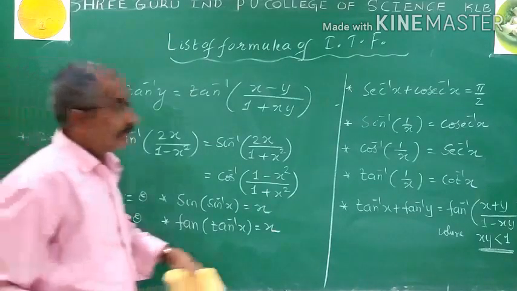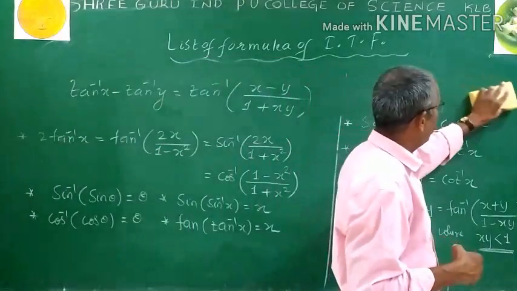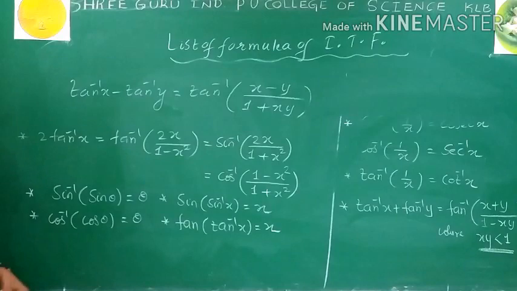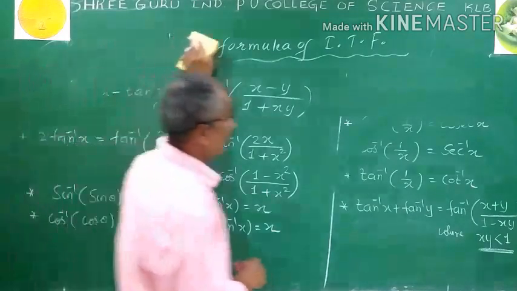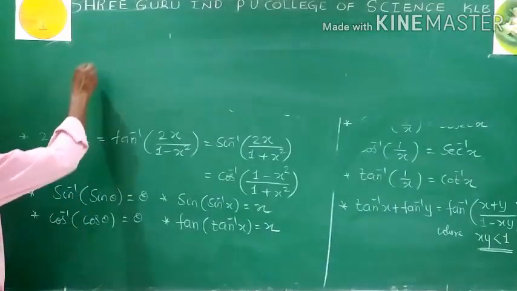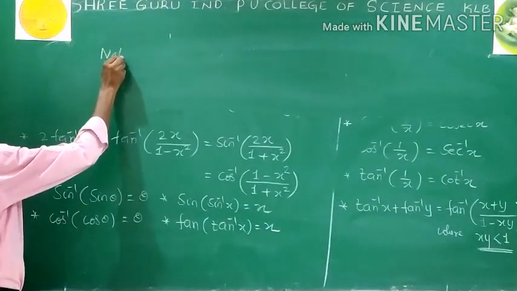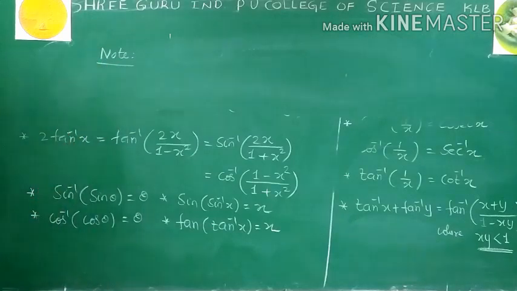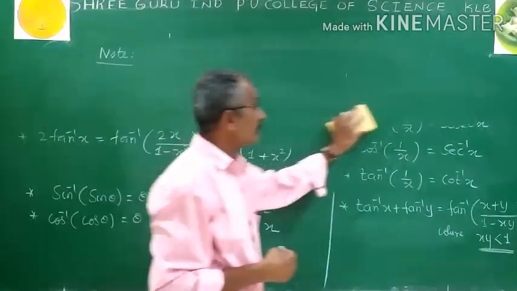Next we shall come to how to differentiate or how to find the derivative of inverse trigonometrical functions. Before that, write one note. In the last hours we have seen composite function differentiation.